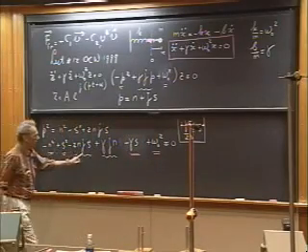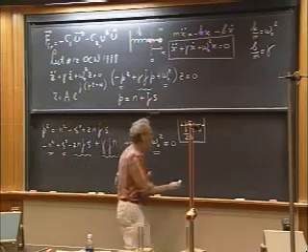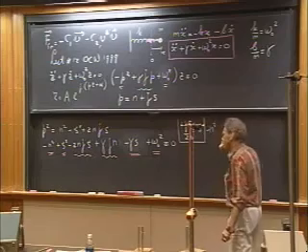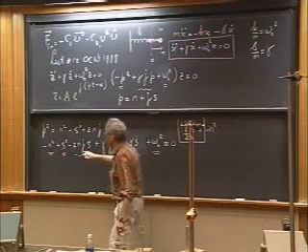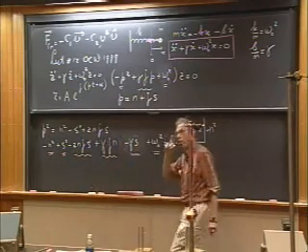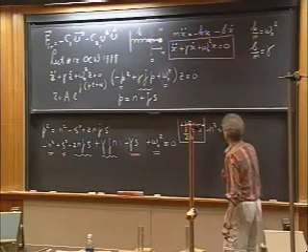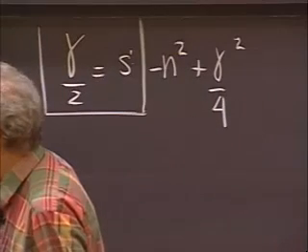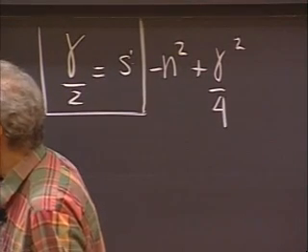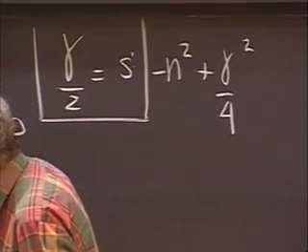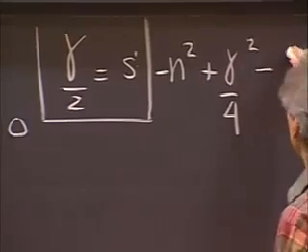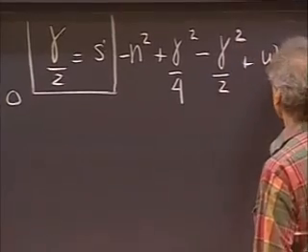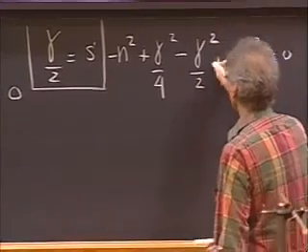For this to be 0, we find that n squared minus n squared plus gamma squared over 4, because we know what s is now. So plus gamma squared over 4 minus gamma over 2 times minus gamma times s, which is minus gamma squared over 2, minus gamma squared over 2 plus omega 0 squared equals 0.